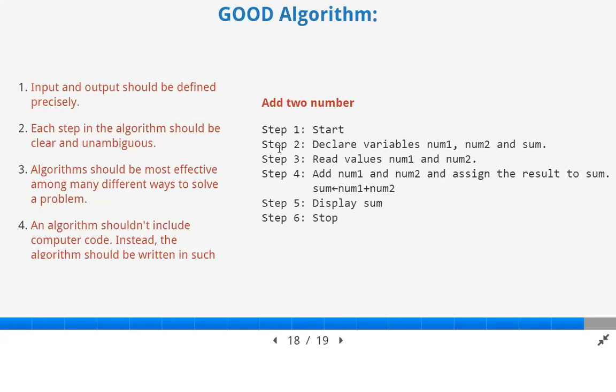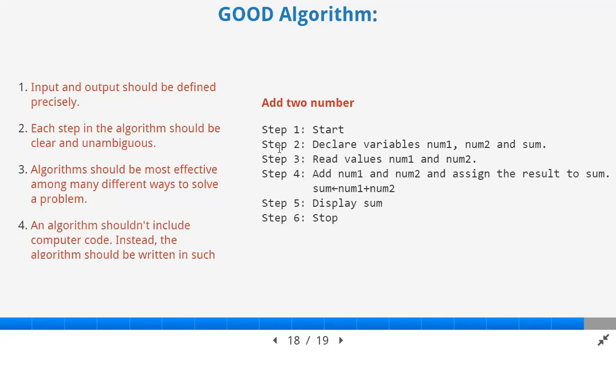For this addition, we have to sum which numbers, okay? Then display the result, then stop. Because it is a very simple calculation, this is already clear for the addition function.